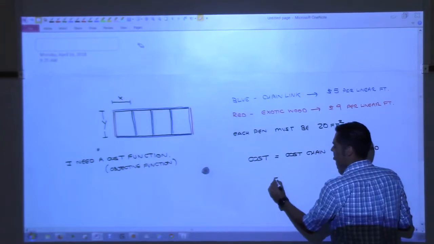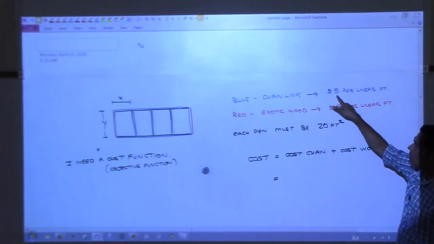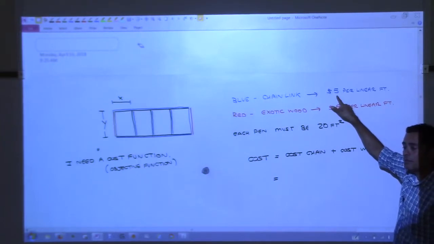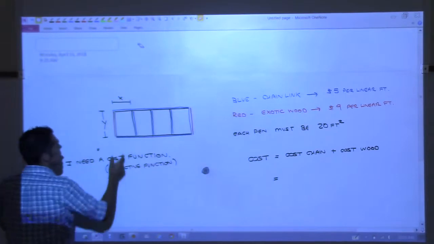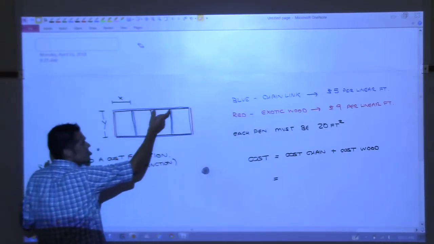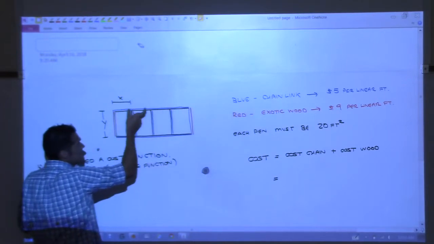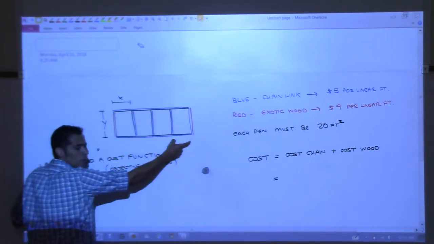The cost of building the chain link fence is $5 times each foot we have. Well, how many feet of blue fence are we going to have? We're going to have x plus another x plus another x plus another x. So how many x's up here? 4 of them. Here, another 4 x's.